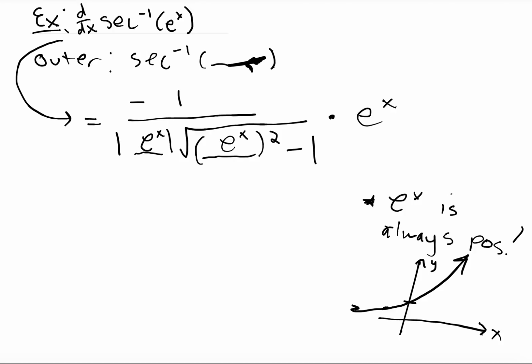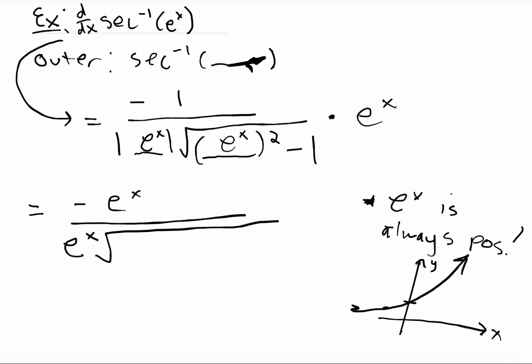So if I'm using that bit of information to simplify here, okay, we had minus e to the x up top if we multiply through. We're taking the absolute value of a positive, so I don't really need the absolute value signs. I can go ahead and just get rid of them. On the inside here, we'll make a comment.